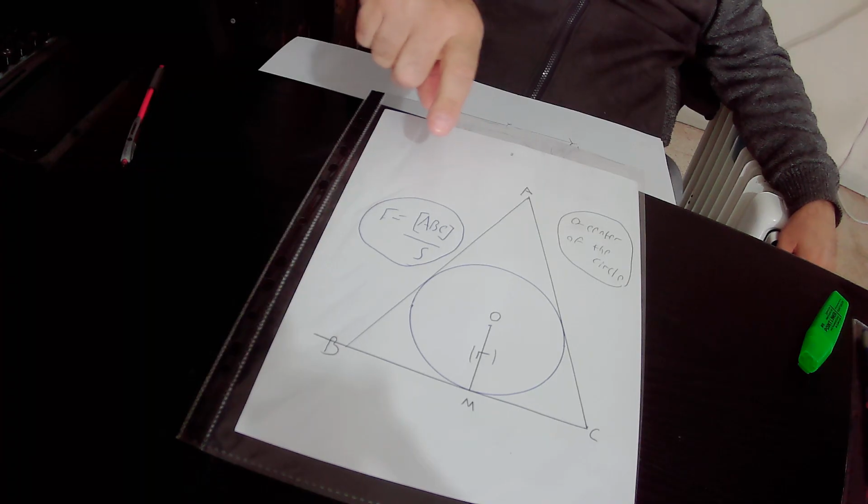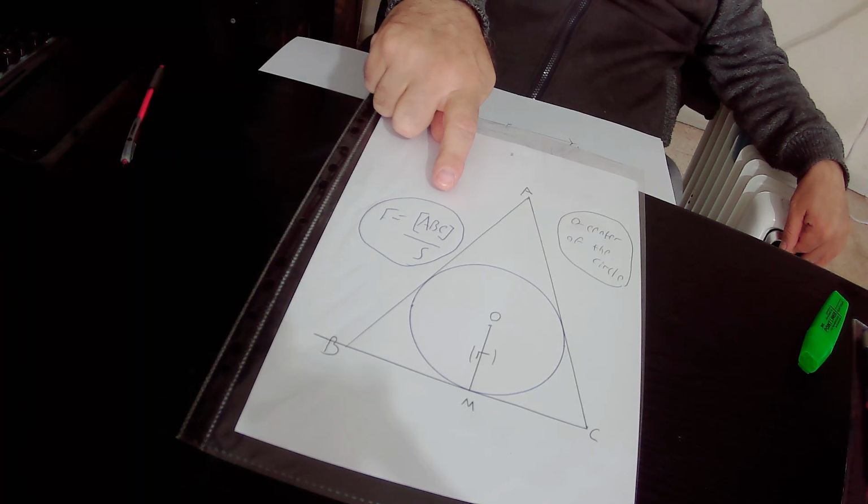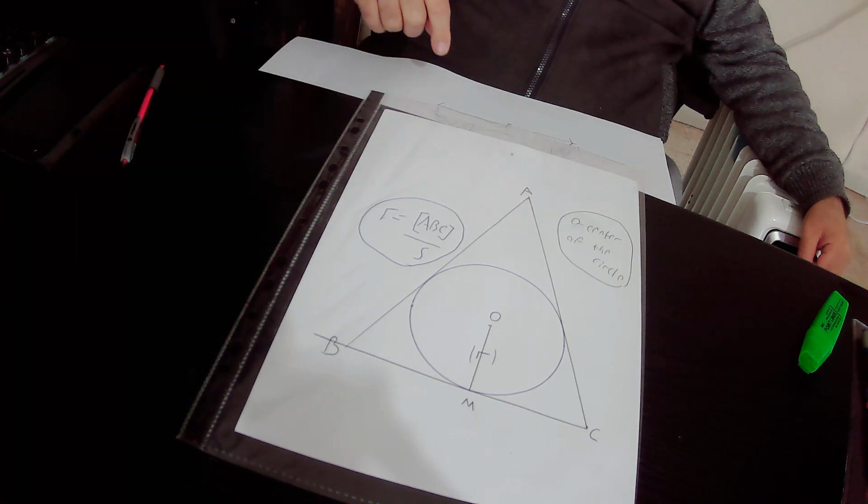The radius R will be equal to the area of triangle ABC over the semi-perimeter of triangle ABC. We can actually implement rule number 15 in our drawing.